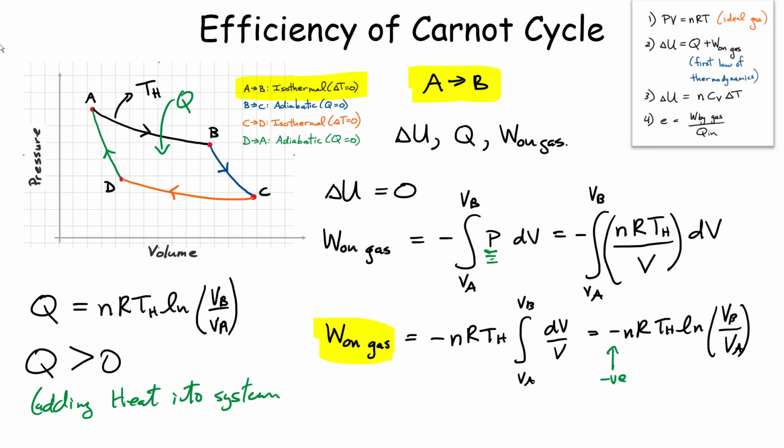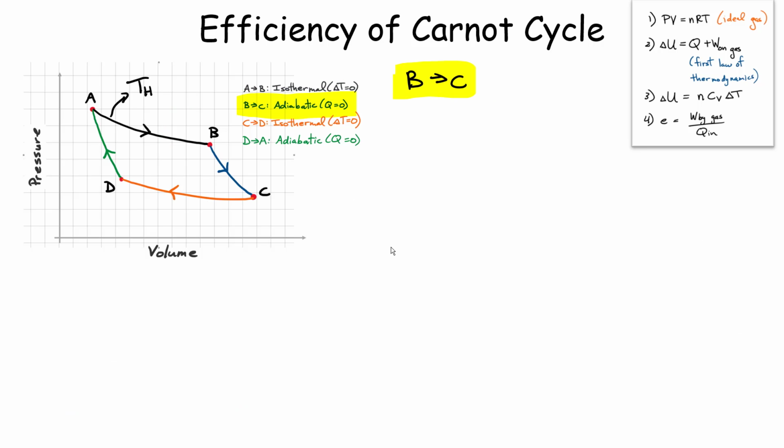Let's now go and look at the adiabatic process B to C. The next process going from B to C is something called an adiabatic process. By definition, for an adiabatic process, there is no heat exchange between the gas and the environment. So you set Q equal to 0. What does that mean? If I go back to my first law of thermodynamics, the change in internal energy of the gas has to be equal to the work done on the gas.